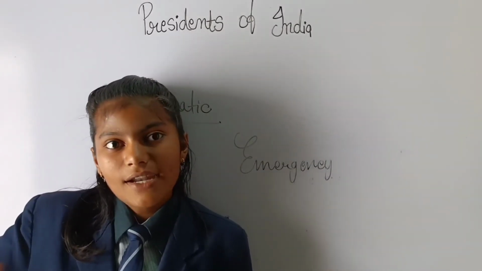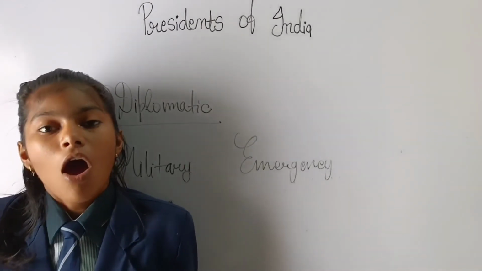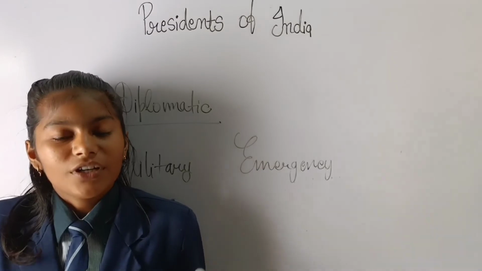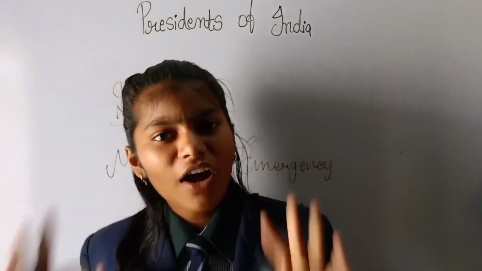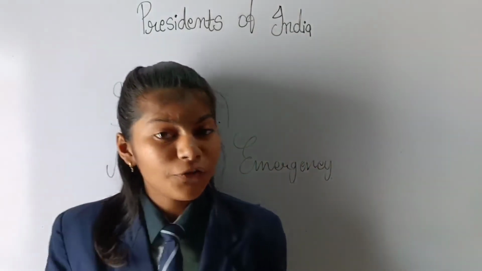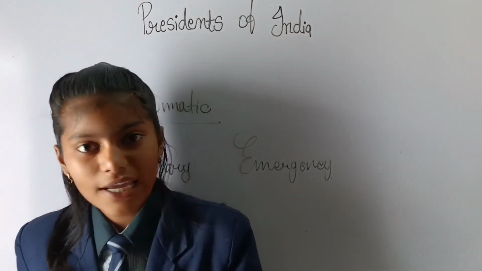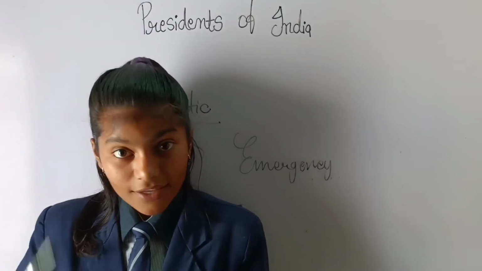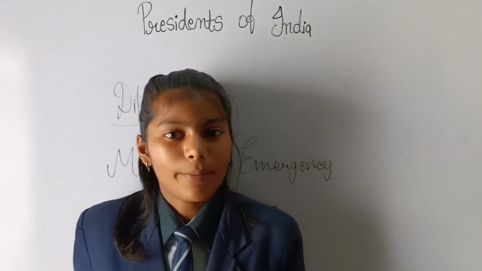If the president sees that an area is not working, a government failure, or a constitutional failure has happened, then the president has the emergency powers. Now, as we know, the national emergency is under Article 352. Article 352 gives us three grounds: war, external aggression, and armed rebellion.